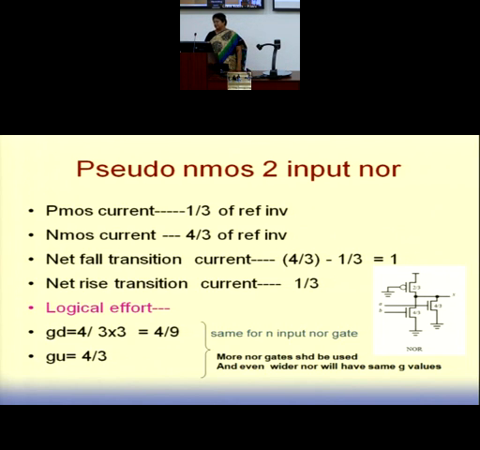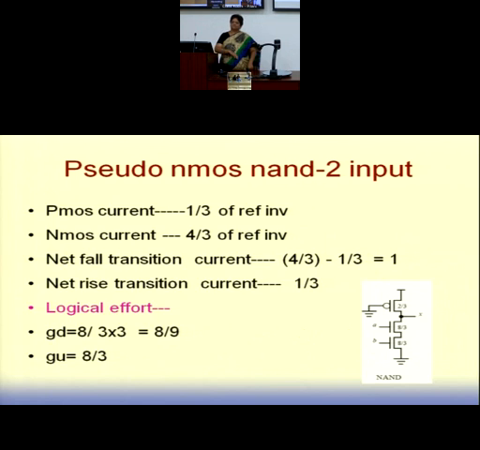If you take a NAND gate, then for G down, 2 transistors would be participating. Each one will have a G down for every single input, A or B. So every single input will have 8 by 3 divided by 3.